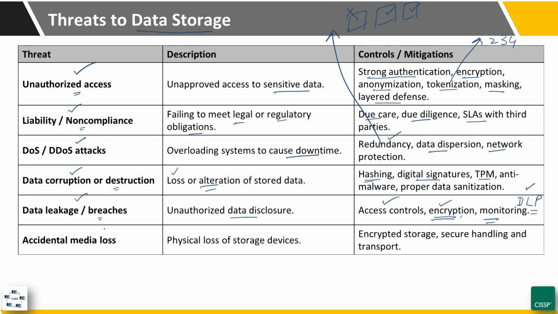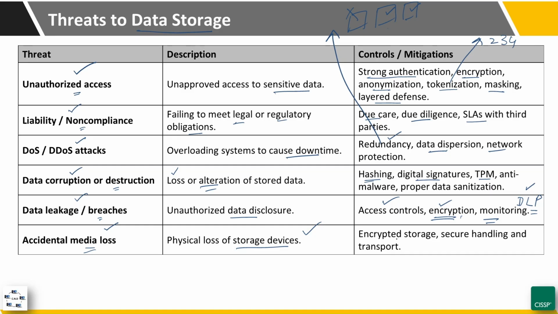And the last threat to the data at rest or storage data is accidental media loss. So media is the storage media or the storage infrastructure that houses the data. So it is the physical loss of storage devices such as storage drives or storage servers. What should we do to mitigate such an occurrence or such a threat?